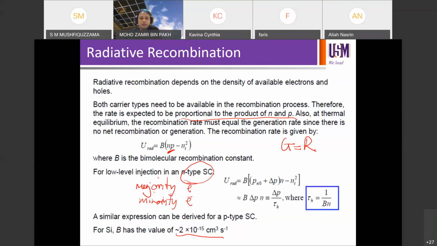So for low-level injection, the recombination rate will be given by the very same equation taken above, but you have to expand the value of p, okay?